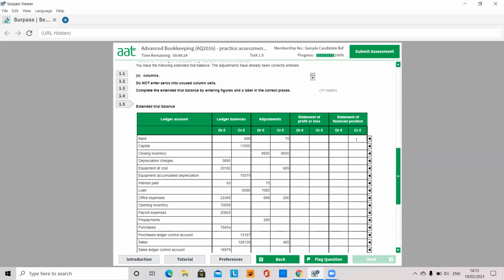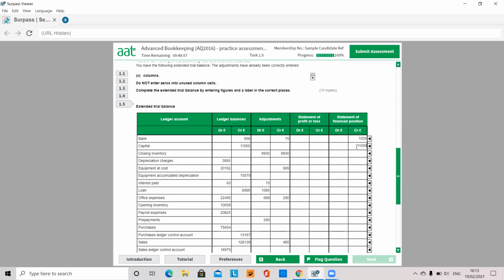So 958 plus 75 is 1033. Okay. Capital, we know, goes in the statement of financial position on the financed by side. So that is a credit, as you know, from your acronyms I said before, DEAD CLIC or PEARLS. So 1100.